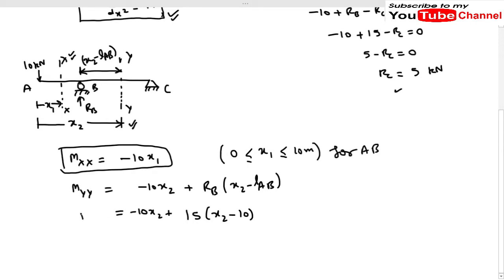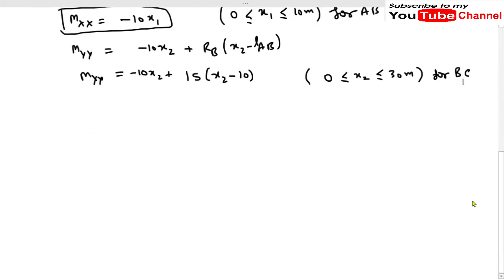The bending moment equation Myy will be useful for section BC, where the distance will vary from 10 meters to 30 meters. Sorry, not 10 meters, because I have taken the section distance from A, so it will vary from 0 to 30 meters for BC.